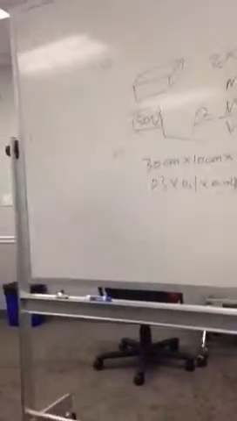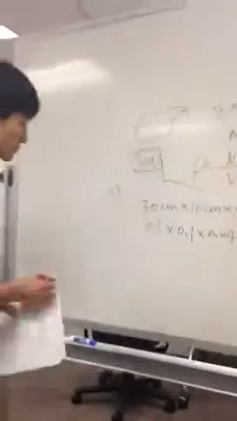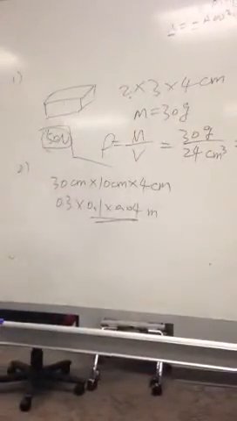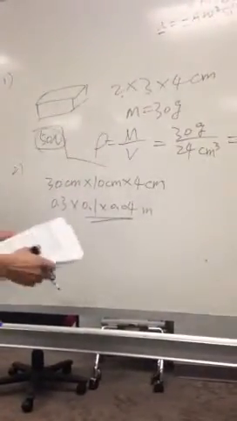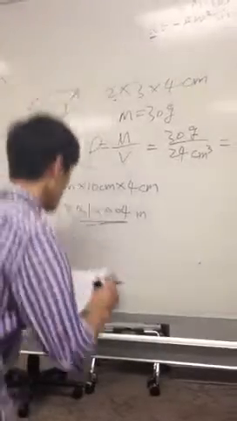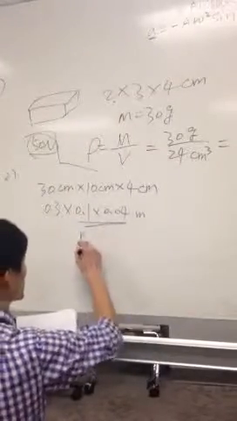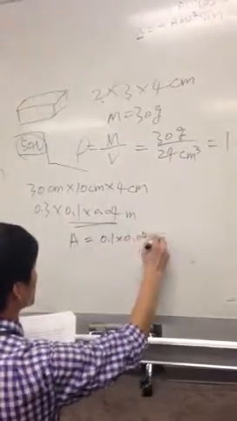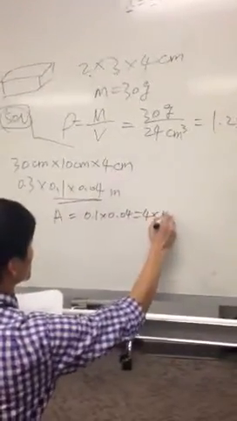So we need to use this side. We need to put this side in order to have the highest pressure, maximum pressure. And on this side, the area is 0.1 times 4, which is 4 times 10 to the negative 3.